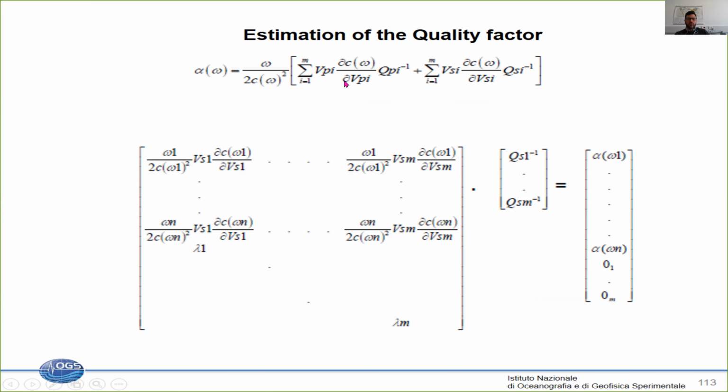These terms go away, and only this summation remains. And this again can be described as a sort of linear system where my data are the attenuation factors that I calculate for each frequency in the way I showed you before.